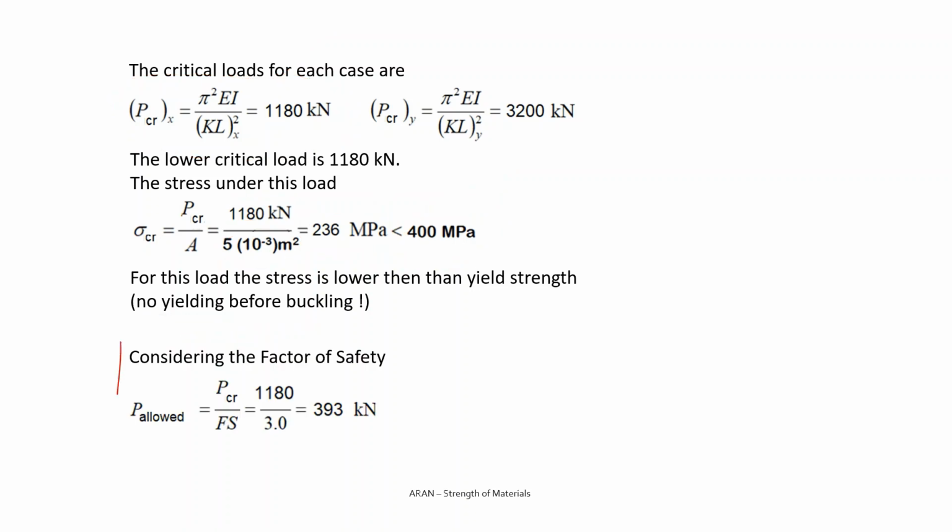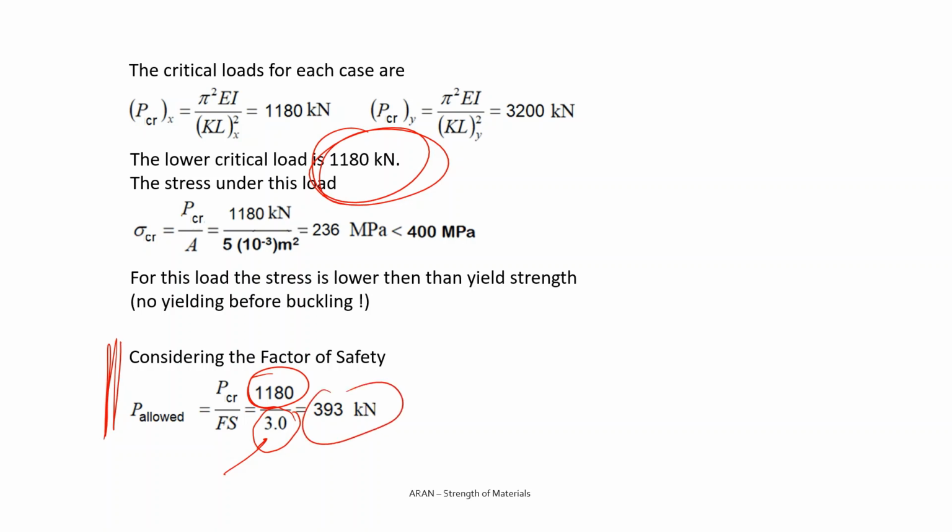If we consider the factor of safety, it has been said that we have to use a factor of safety of 3. So this load is the critical load. This force divided by 3 is 393. That is my allowed safe load.